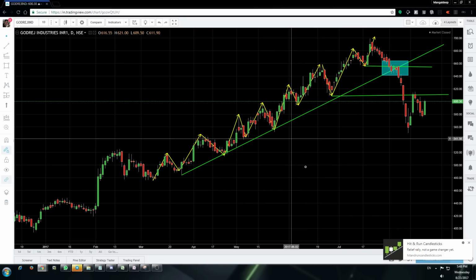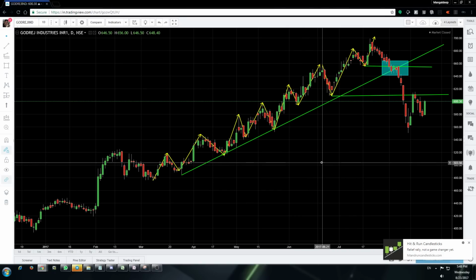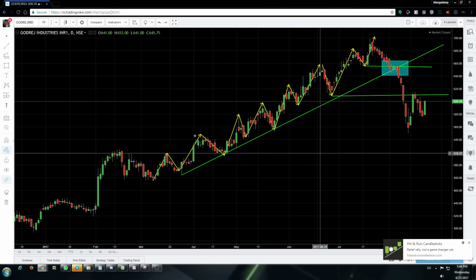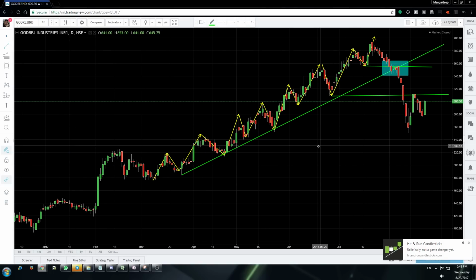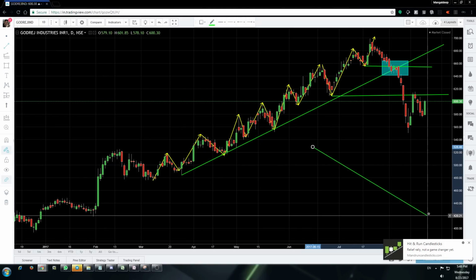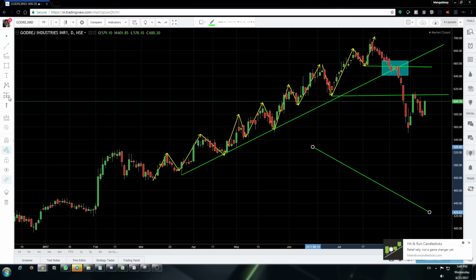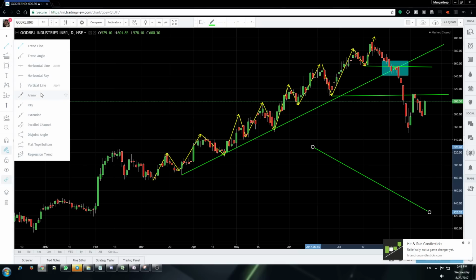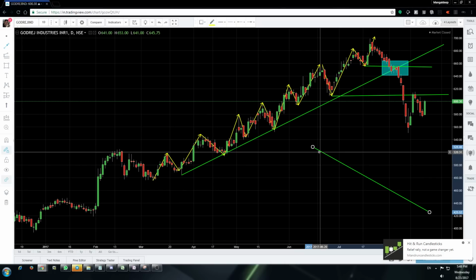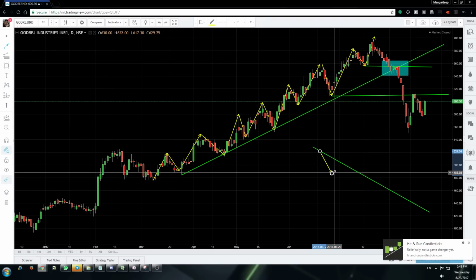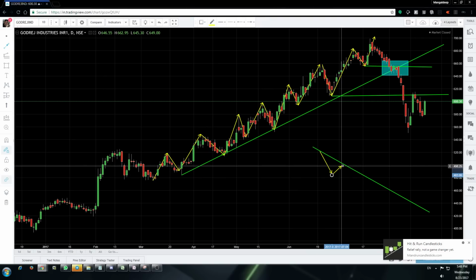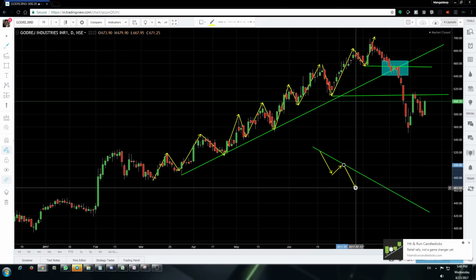Now the same thing applies to a short position. So let me just show you quickly here. So let's say this is a trend line, and this is the stock movement that we are seeing here.